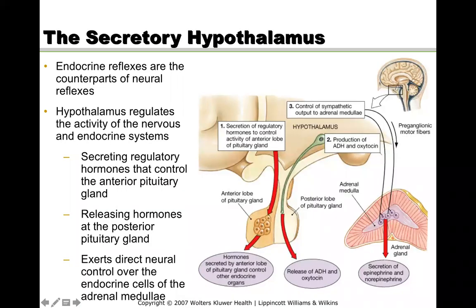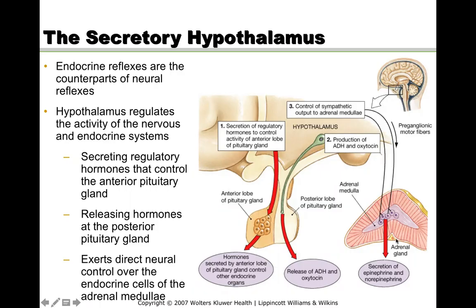These two are produced in the hypothalamus, and they are transported through the neurons and stored in the posterior pituitary. The last of all is a direct neural control on the endocrine cells, for which the example is only the adrenal medulla.